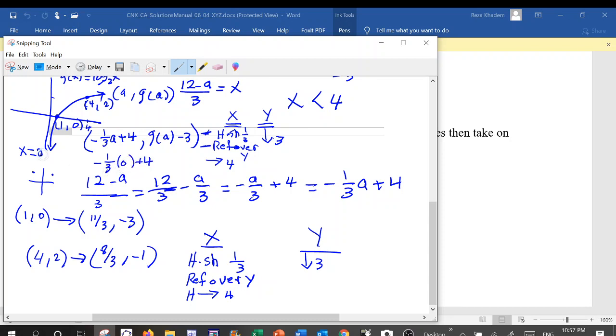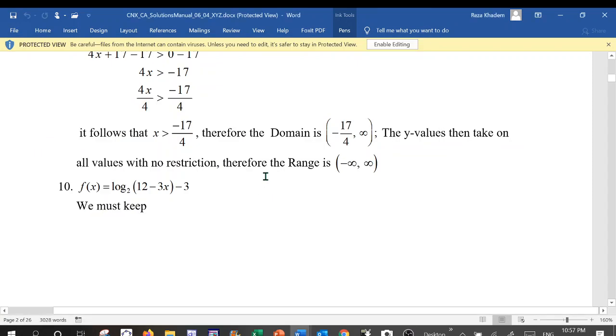So that's just 4. So x equal to 0 goes to x equals 4. Now if you graph all this, you get the graph of that right there, right? Okay, so that's how you graph these things.